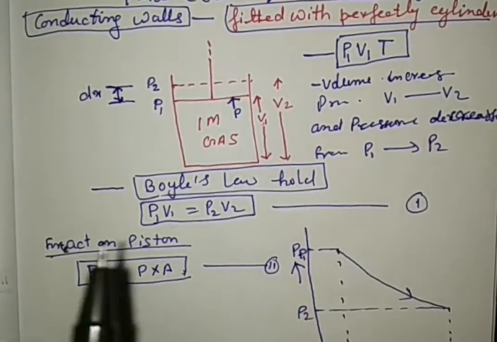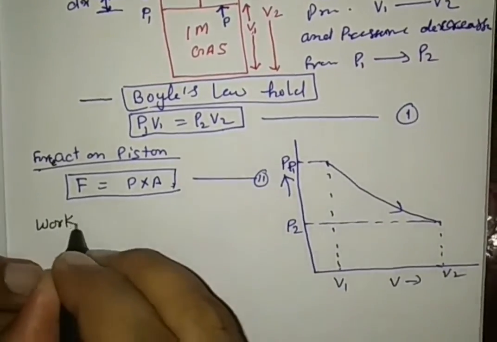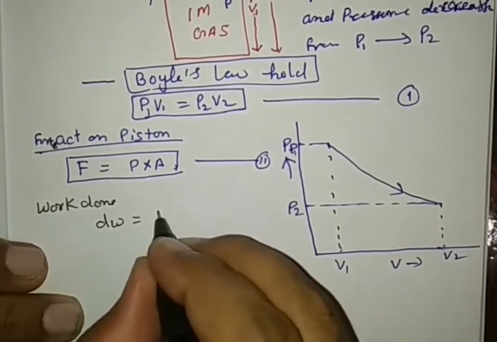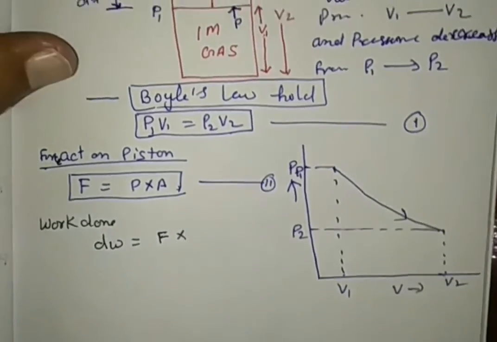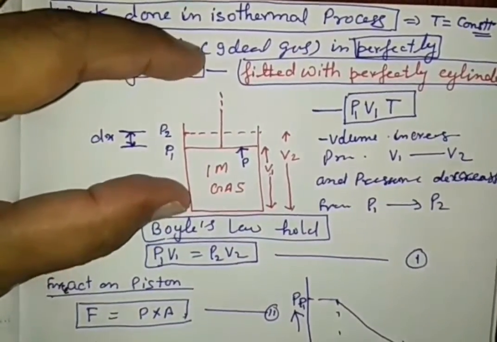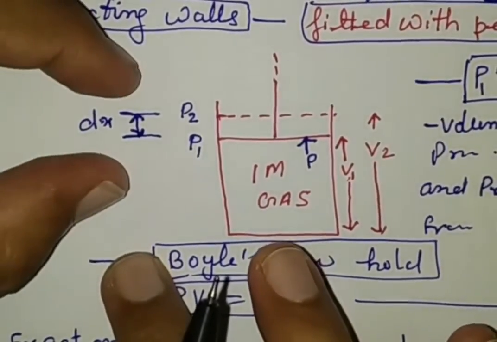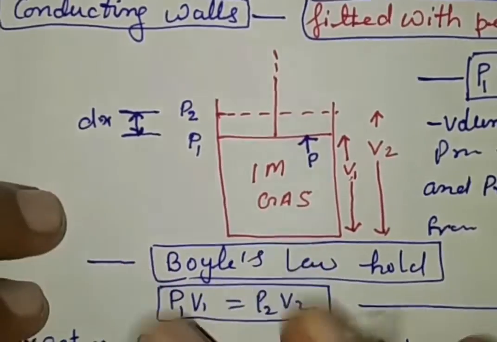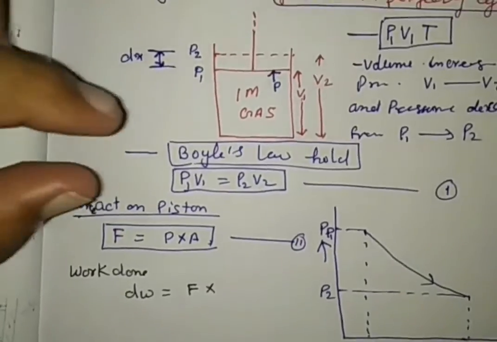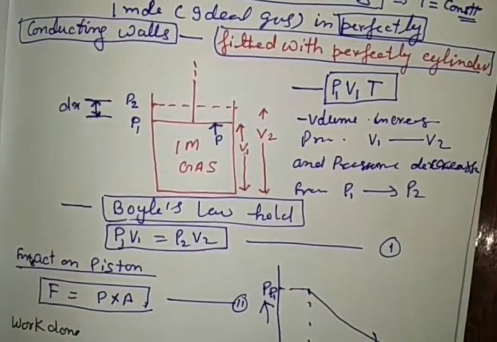So in that condition the work is done. This work done is given by dW is equal to force into displacement. See here in the diagram, displacement when it moves is dx. Volume changes from V1 to V2 due to the absorption of heat, in such a way that temperature remains constant throughout.